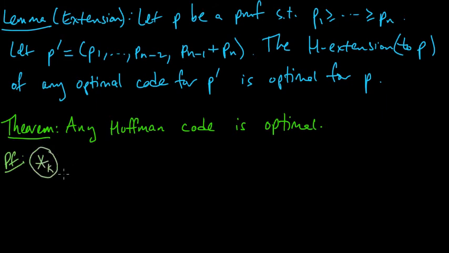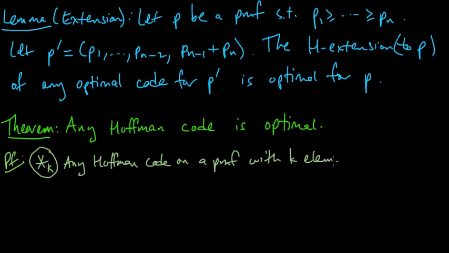The statement star k is that any Huffman code on a PMF with k elements is optimal. So this is the k element version of the general statement, and now we're going to do the proof by induction.